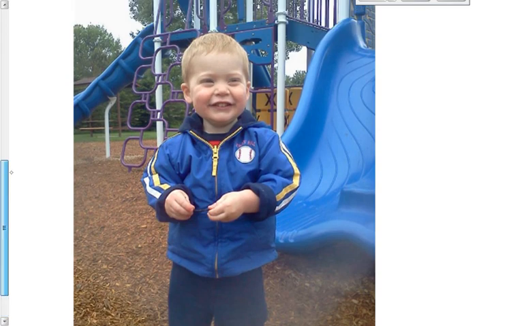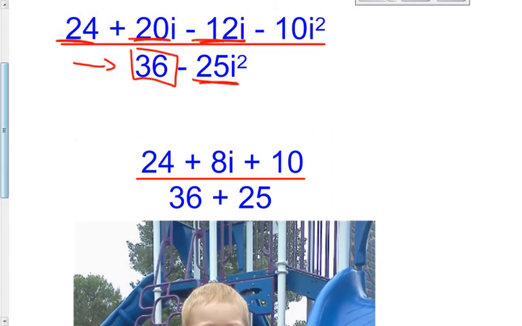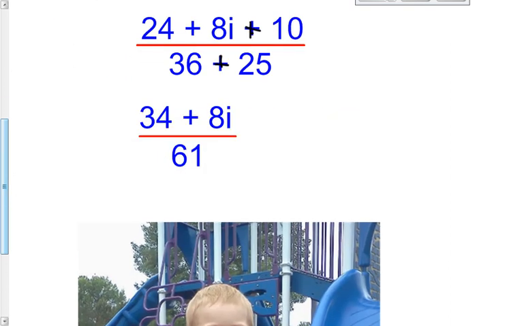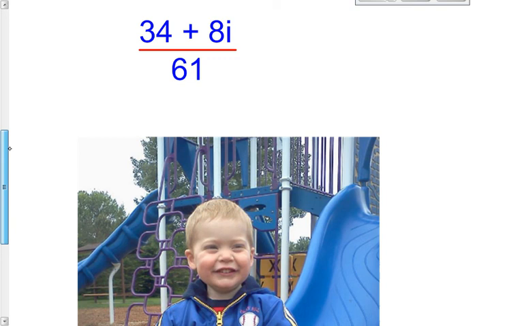So that's how we got 24, 8i right here, and a positive 10, because the negative 10 times i squared, which is a negative 1, is this positive 10. In the same way, a negative 25 times a negative 1 is going to be a positive 25. So now simplifying it, our answer, 34 plus 8i.